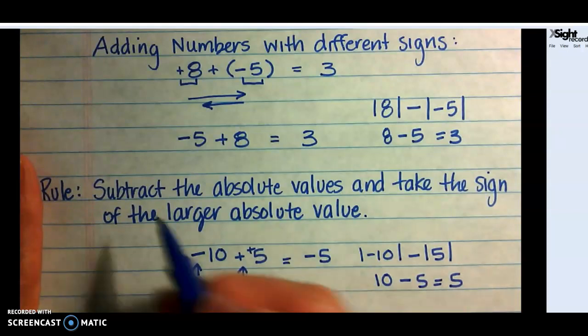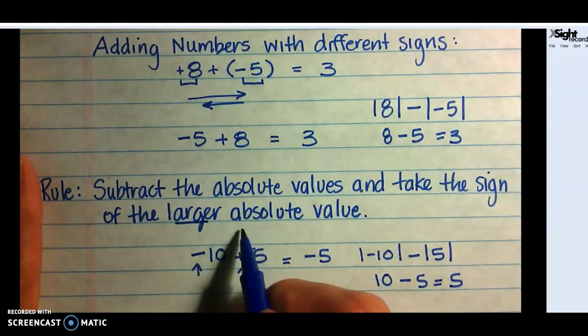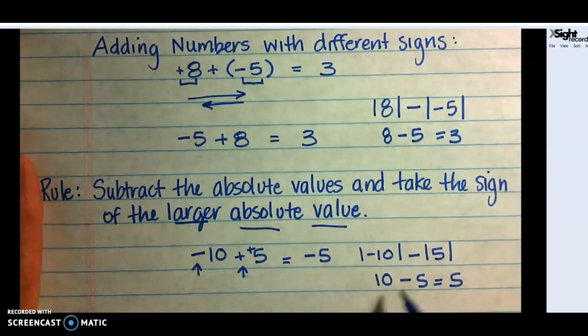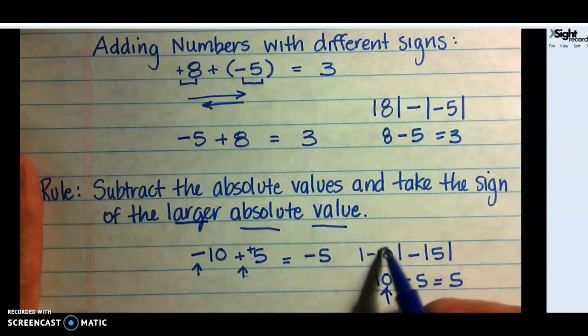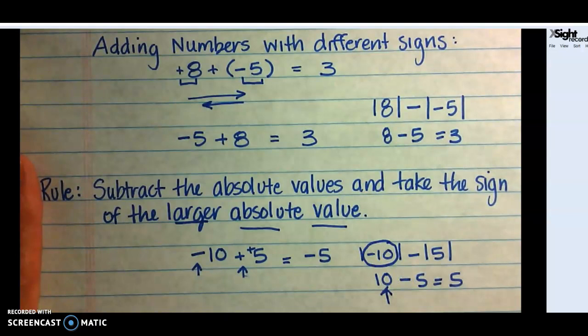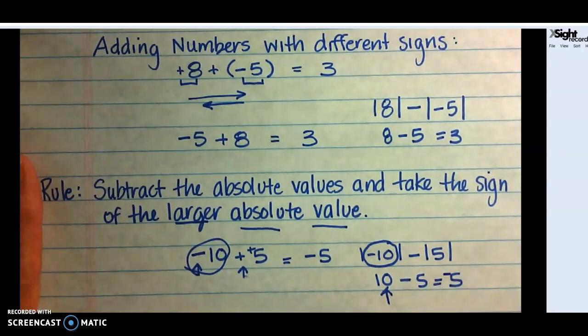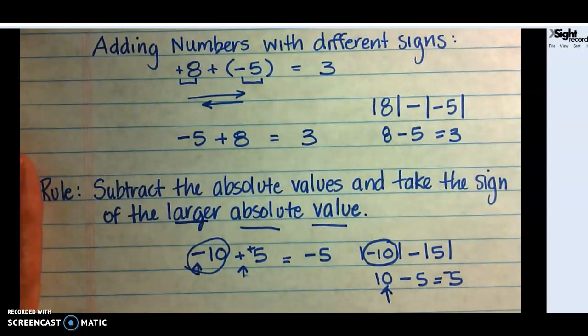But the larger absolute value is this number right here, and it was negative. This is the larger number. So my answer is a -5.